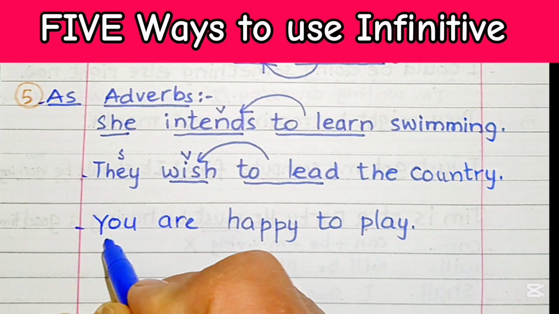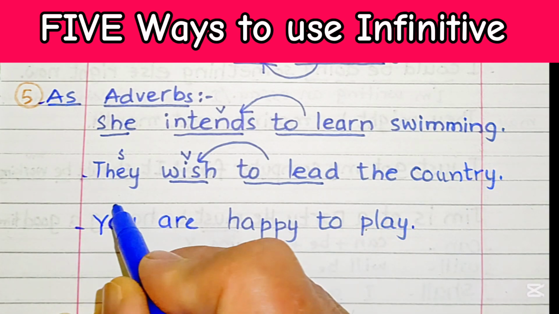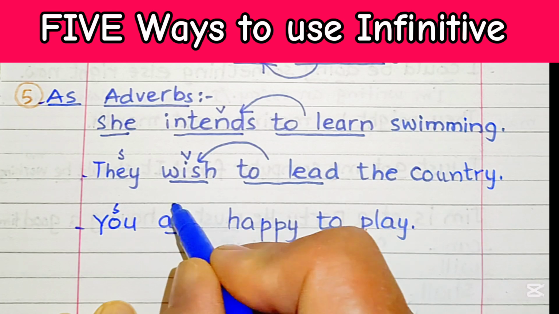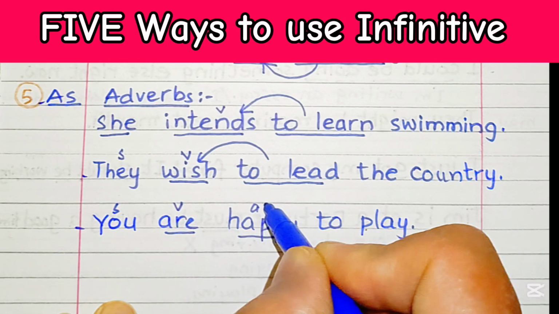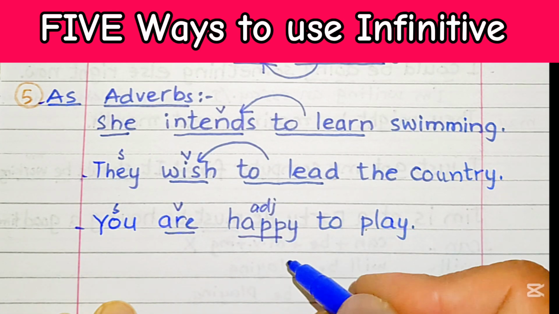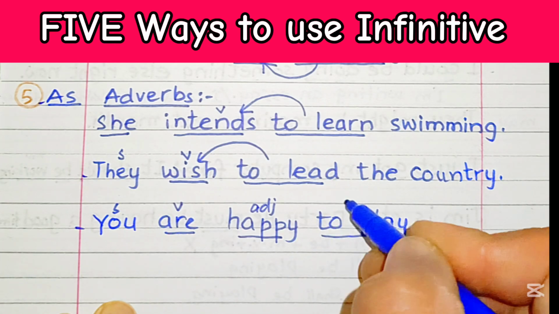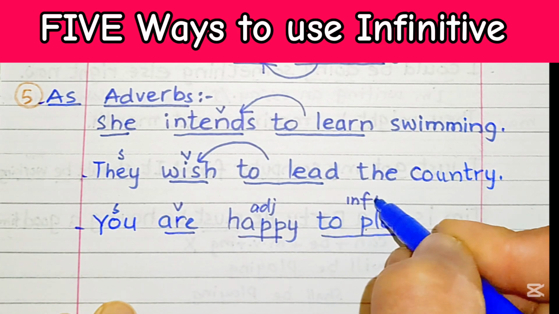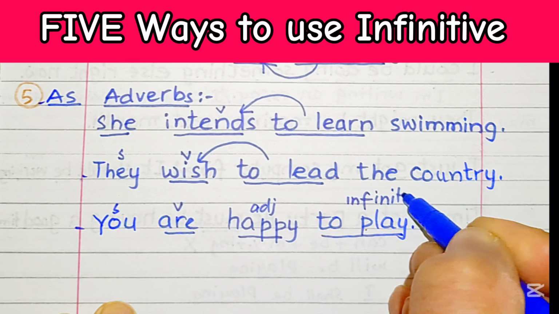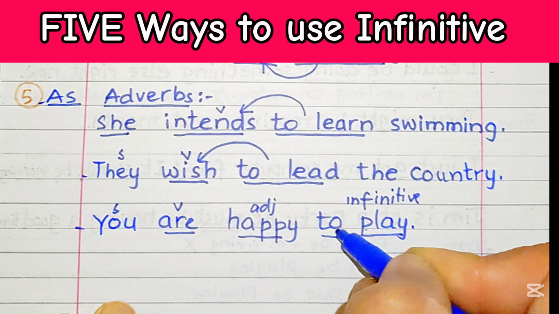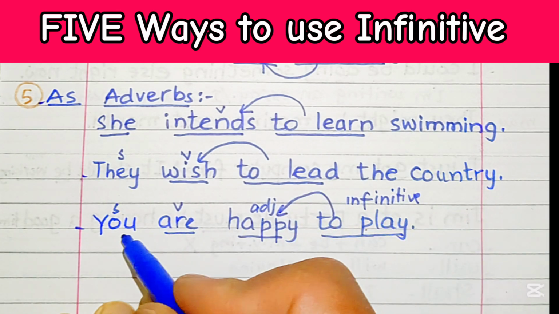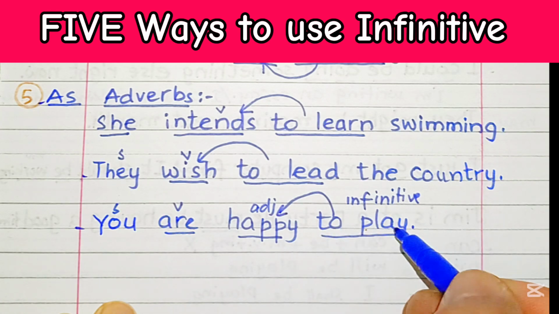Now this last example: you are happy to play. This is the subject, this is the verb, and then this is an adjective, and then we have the infinitive "to play." "To play" is actually describing happy. You are happy to play.